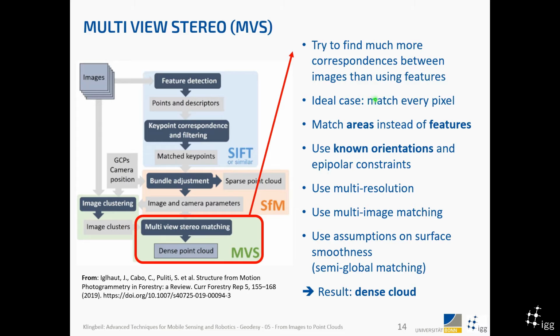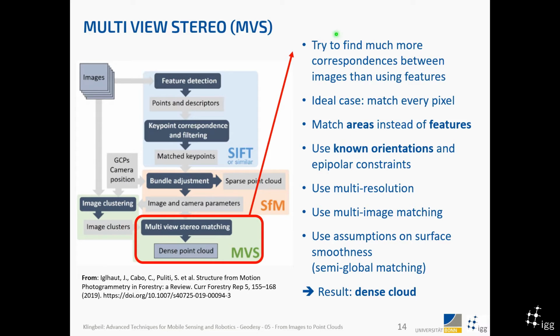In the ideal case, we match every pixel of every image with pixels in other images. That means also that we match areas rather than features. So we also have to match areas where we can't find very distinct features.